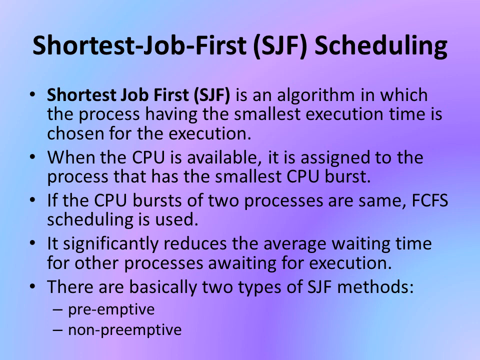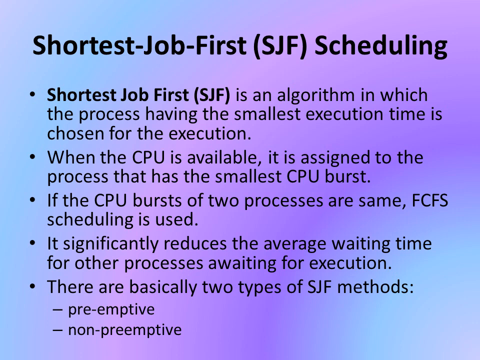Thus, in first come first serve scheduling, the processes are selected according to their arrival time. However, in shortest job first scheduling algorithm, the processes are scheduled based on their burst time. Now, when the CPU is available, it is assigned to the process that has smallest CPU burst.